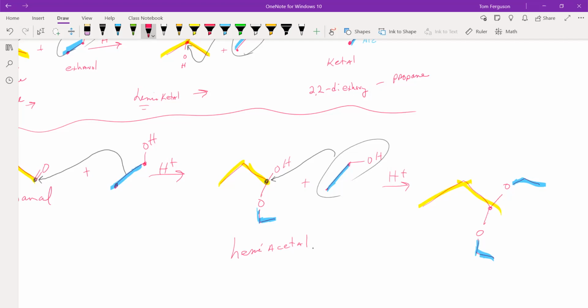So we have OCO, no OHs, so it's not a hemi. And we have hydrogen there. So that means this is an acetal.